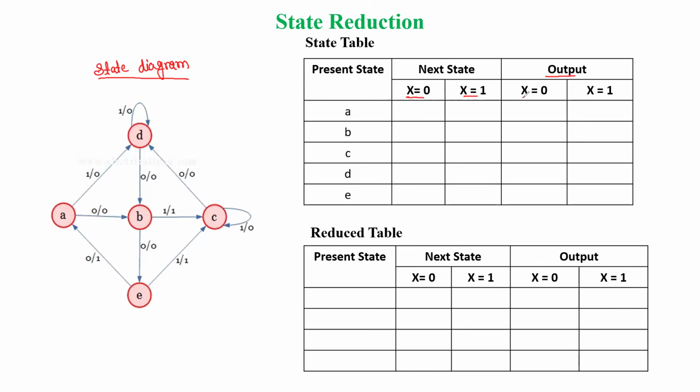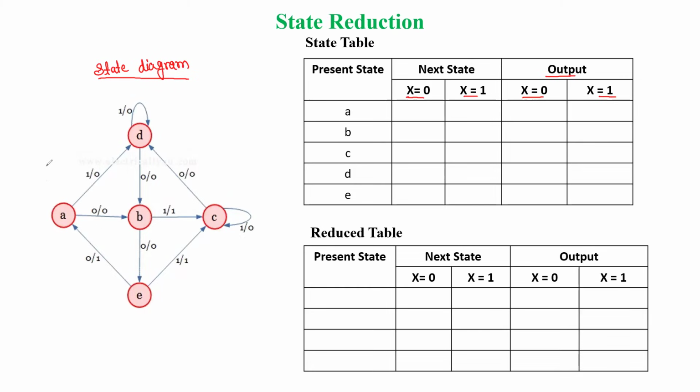For output also, we have when input is 0 and when input is 1, what are the corresponding outputs? So we have five states A, B, C, D and E here. The corresponding states we have already written in the state diagram. Now the same thing we are going to represent in the state table.